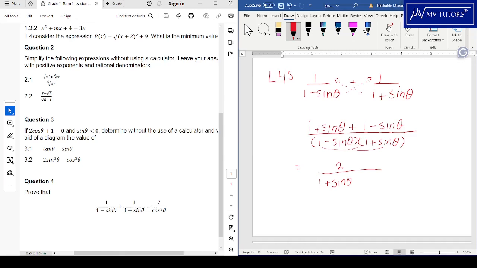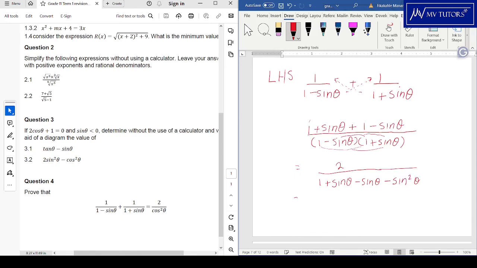And then I have minus sine theta times 1, which will give me minus sine theta, and then minus sine theta times sine theta will give me minus sine squared theta.